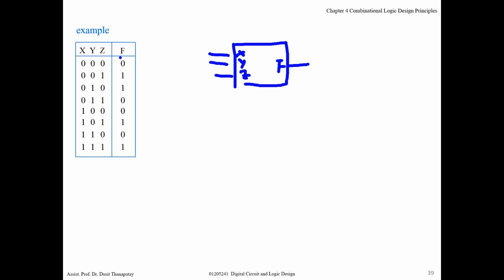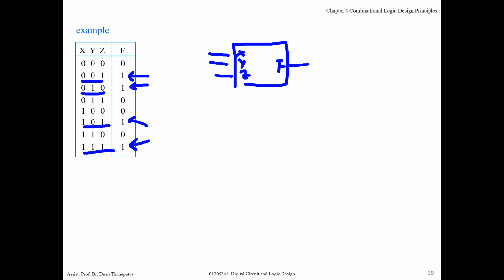At first, let's focus only on logic 1 output. Last time we already learned how to write the canonical sum, right? Just focus on logic 1 output by writing the corresponding minterms and summing the minterms together.